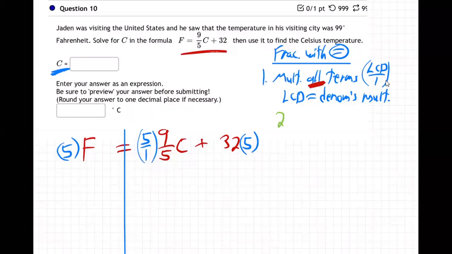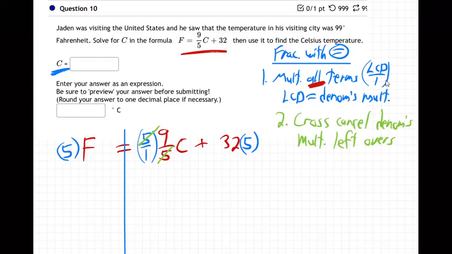Okay. And then step number 2, cross cancel the denominators and multiply whatever's left over. So right here, boom, boom. That's what we've been wanting to do. We wanted to get rid of that denominator so we don't have fractions anymore, and there it goes.